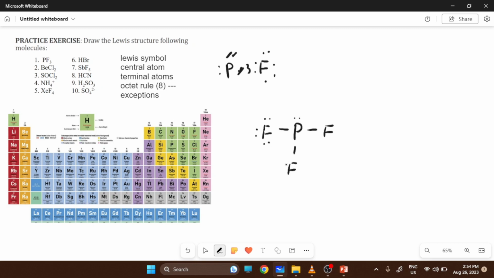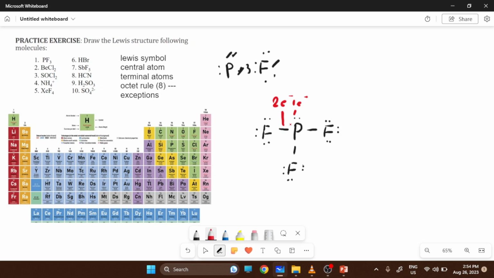How many remained? 6, right? 1, 2, 3, 4, 5, 6, because each fluorine atom bonded to our phosphorus. Now, the question here is, are they all obeying the octet rule? Yes, they obey the octet rule because a bond is counted as 2 electrons for the corresponding atom, and each dot is 1 electron.